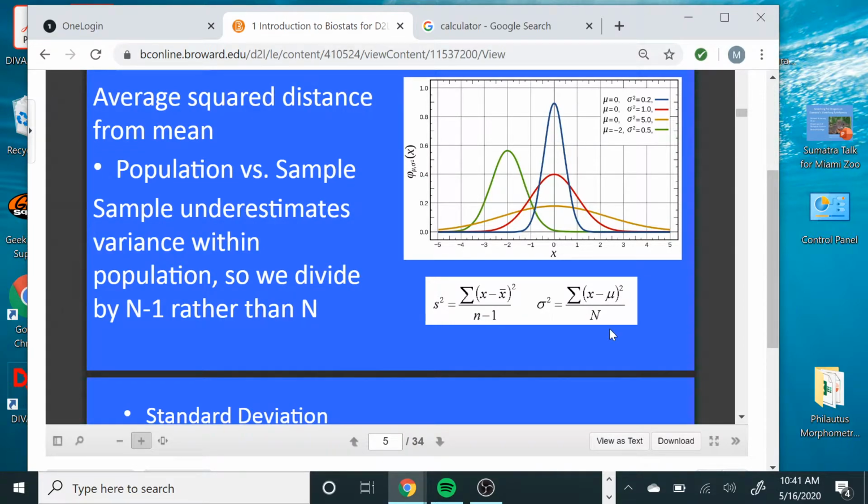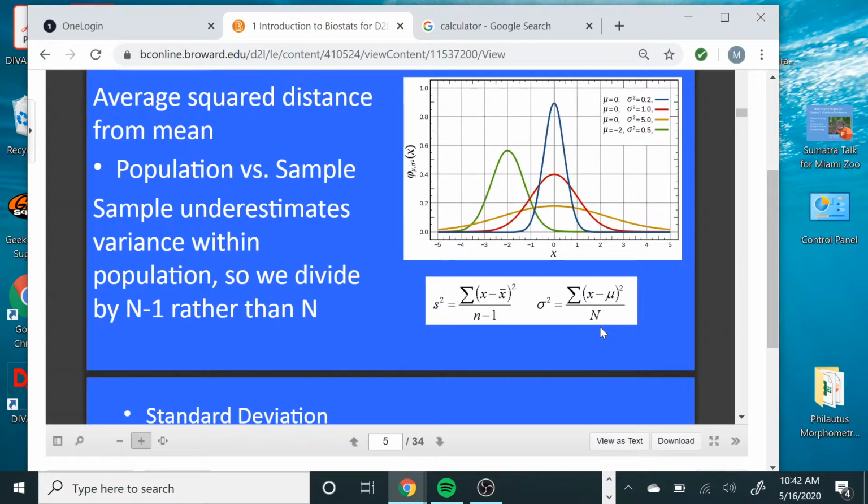So the sample standard deviation should always be greater than the population standard deviation, assuming you're calculating it with these formulas. Now, a sample standard deviation is actually an estimate of the population standard deviation. So if we're working with a sample, we use this formula because the other formula would underestimate it.